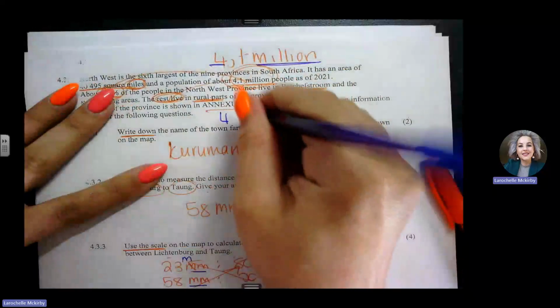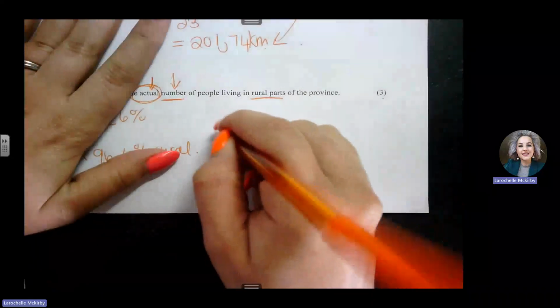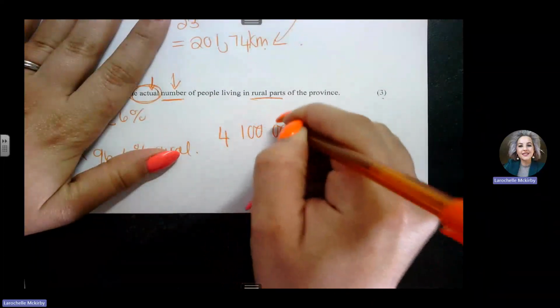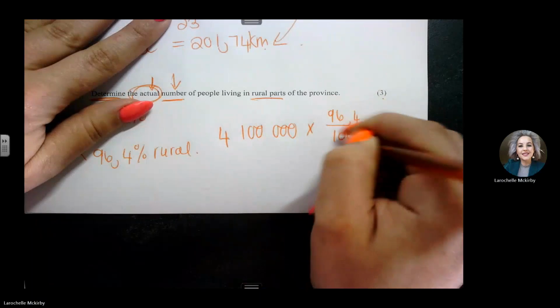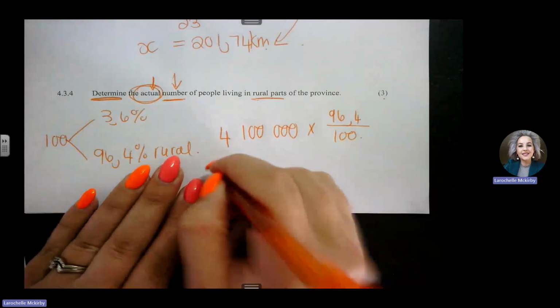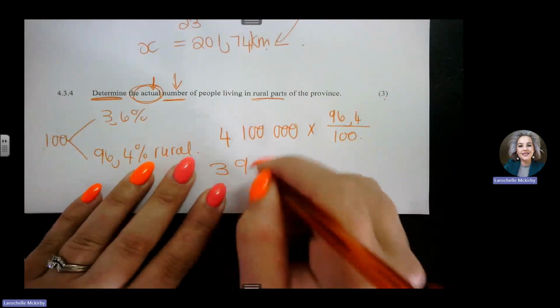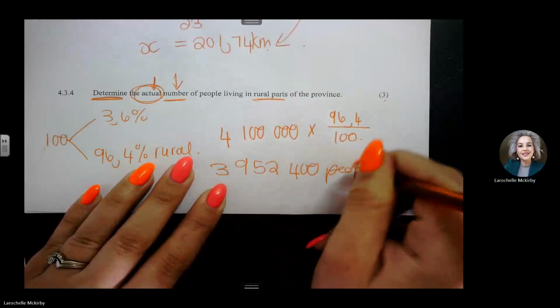And then what about this one here? This one takes the place of the first zero. So I will say 4,100,000 multiplied by 96.4%. And if I multiply that, the answer I get is 3,952,400 people.